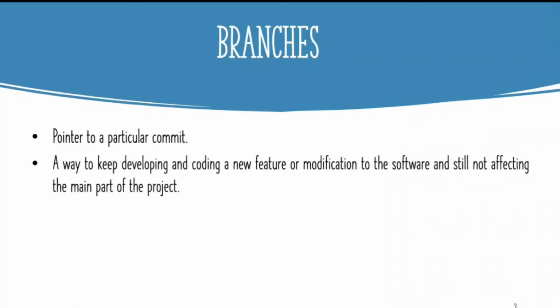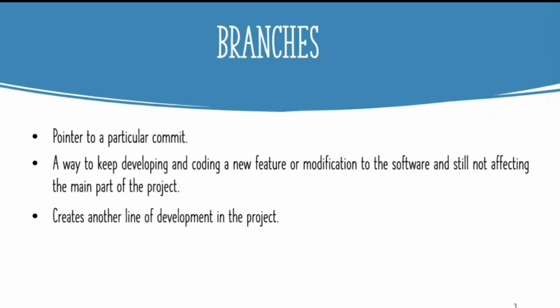You can say that it is a way to keep developing a project and coding a new feature or modification to the software, and while doing that the main part of the project will be completely separated. We can keep the main part of our project separate, and then we can do modifications in different parts of our project using branches.